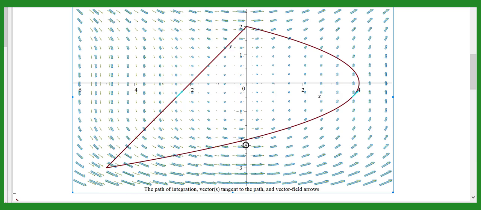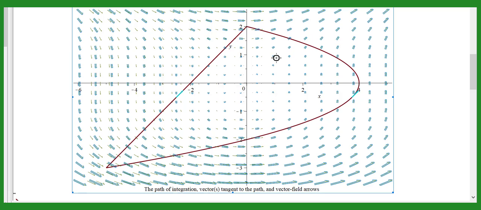So this tangent vector and the force have an angle theta between them less than 90 degrees. It means that the cosine of theta will be positive. And for another point, here also, we have the tangent vector in this direction and the vector field also in this direction.